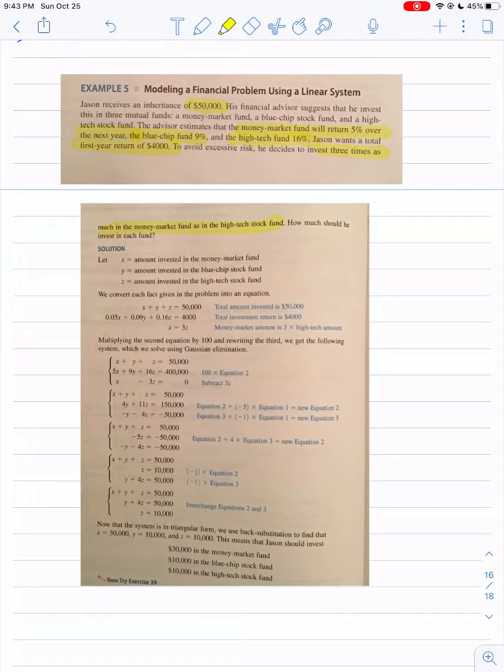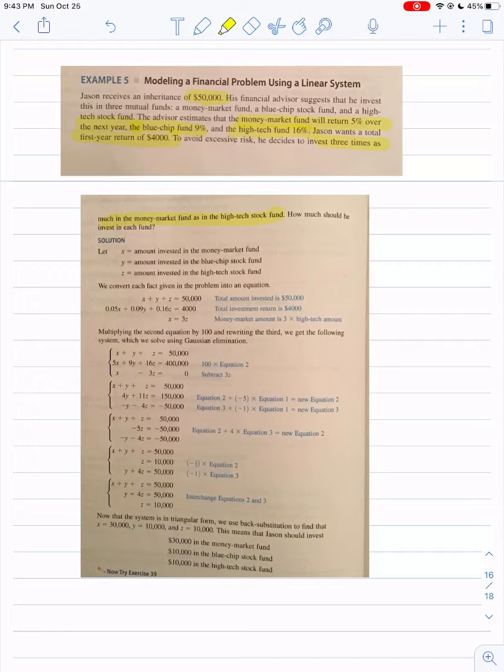Okay, and then the returns: 0.05 times x, because I'm going to get 5% in the money market fund, plus 0.09 times y for the blue chip, plus 0.16 times z for the high tech. And the total return is going to be $4,000. So that's my return percentages times the amount that I invest, and I want it to be $4,000.